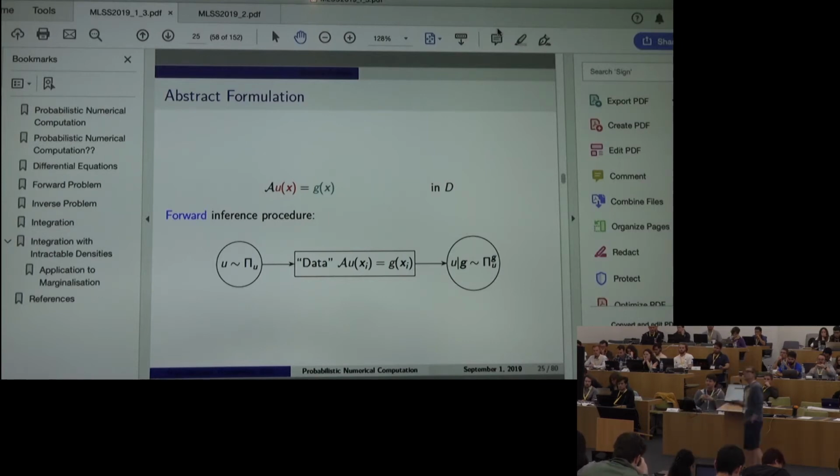But the key point here was that we defined a measure over the space of functions u. We observed data at a finite set of points, and the observed data was basically the evaluation of the right-hand side of the partial differential equation at a set of finite points.